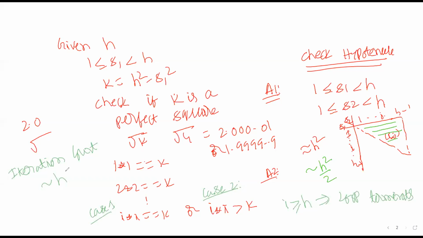Then we may get 3, 4, 5 and 4, 3, 5 repeated. The last algorithm is also h square by 2. How is it?